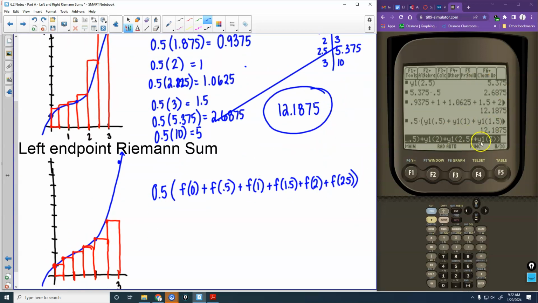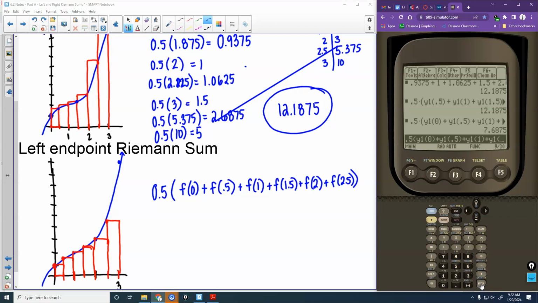So since I already have this typed in, all I've got to do is go over here and take off this y1 of 3. And you don't even have to put this at the front if you don't want to. You could put it at the end, and add in the y1 of 0 right here, and it is going to give me my estimate.